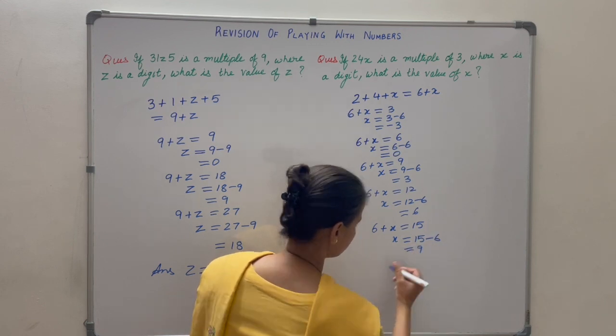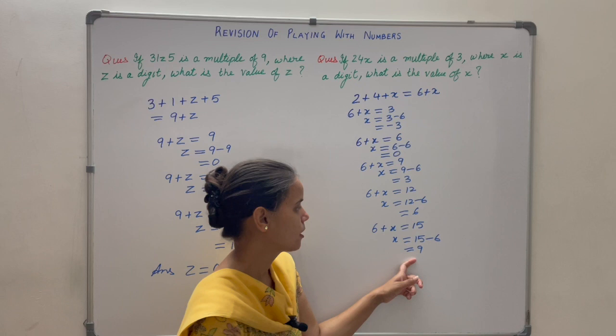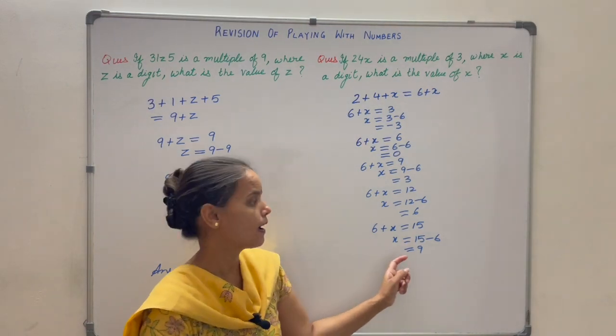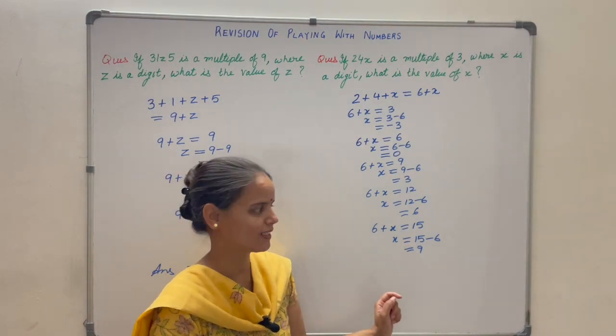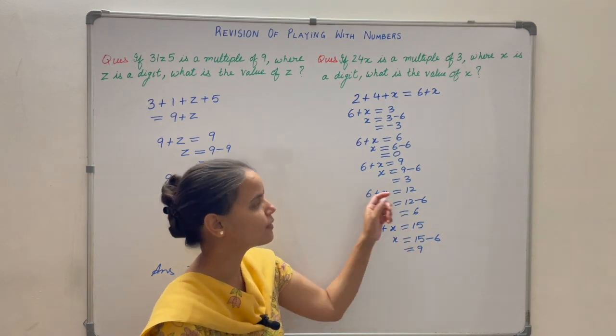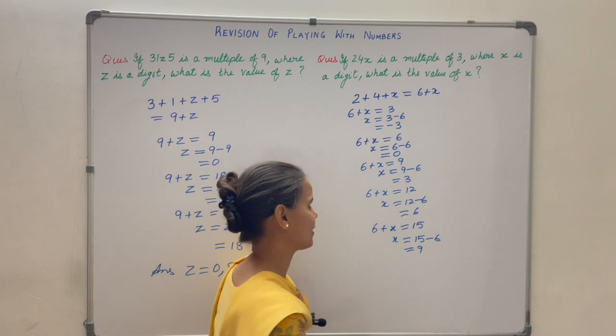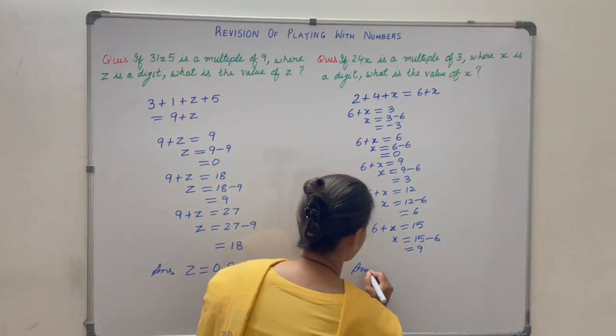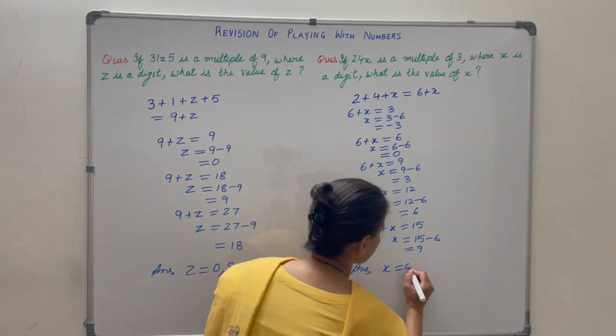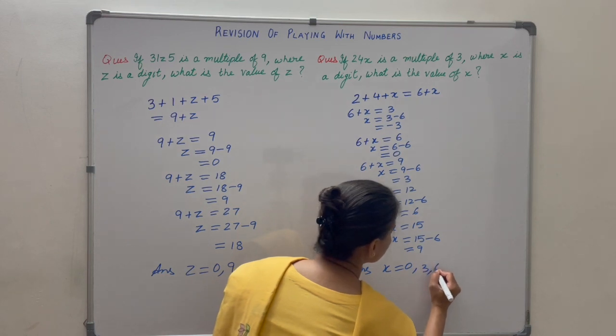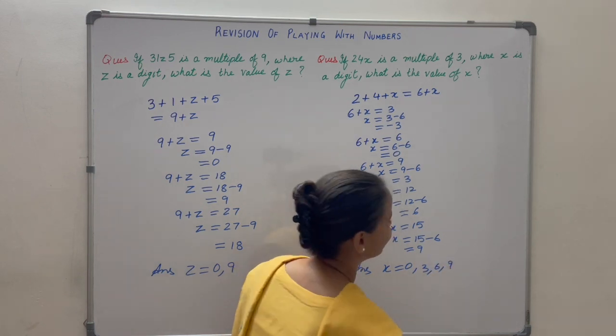That is equal to 9. You have to stop here because x is a digit and 9 is the greatest digit. So what are the values of x? It is 0, 3, 6 and 9. Let us write down. Answer here is x can be 0, 3, 6 or 9.